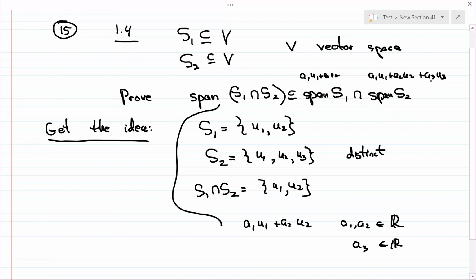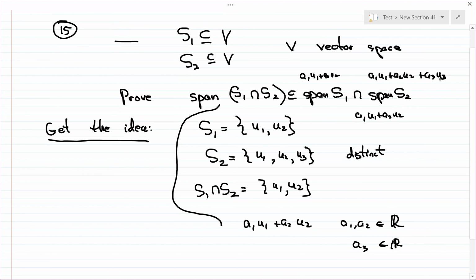Why? Because if you choose A3 to be 0, you'll get a linear combination of these two things.